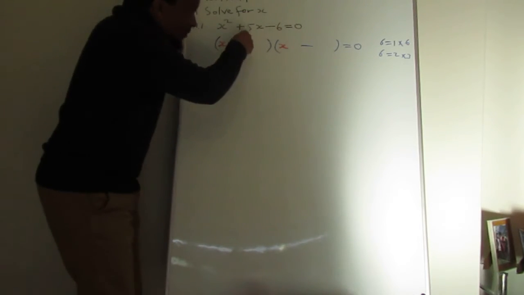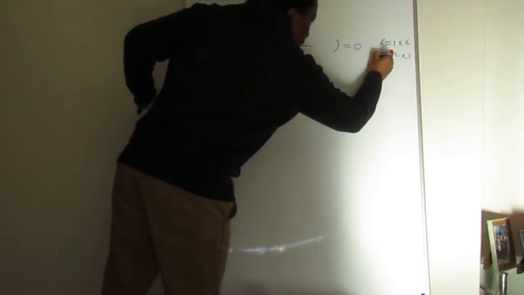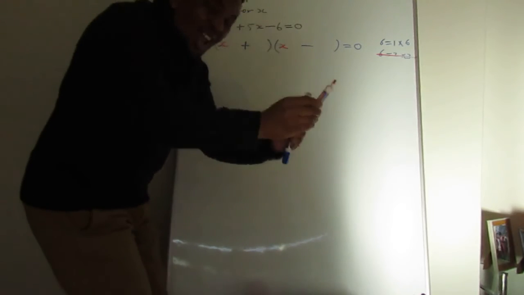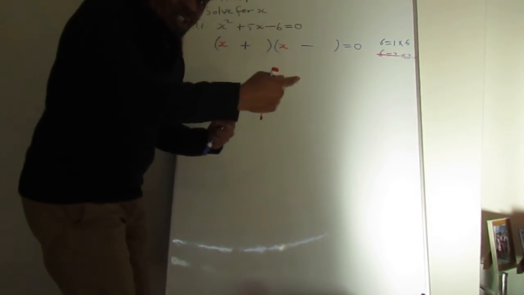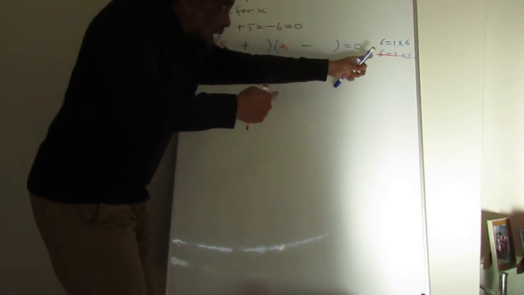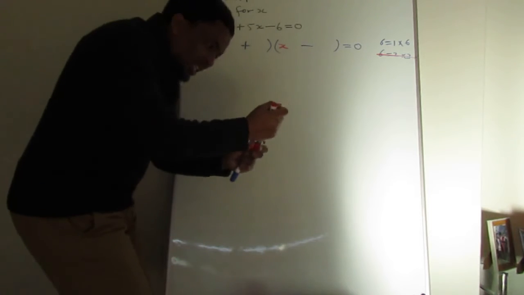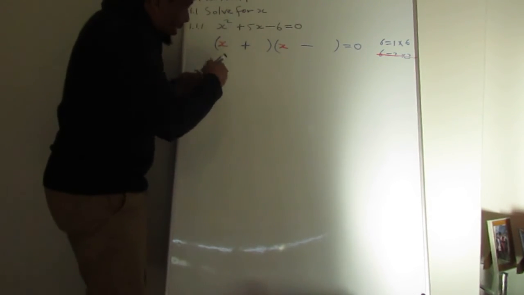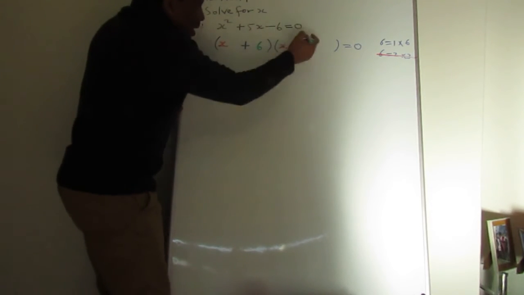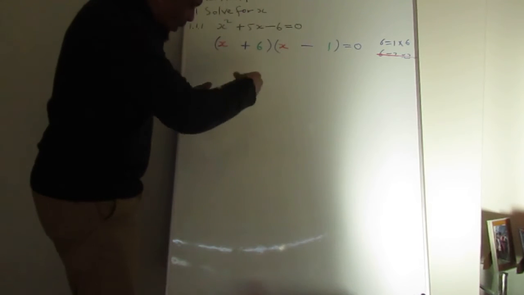It can never give me 5. Therefore, go away. This one is not going to hold. So the factors I'll be left with are 1 and 6. Now, the bigger number must take the sign of the middle term. So 6 is bigger and the middle term is positive, then 6 will sit here and 1 will go that side. That's how to factorize here.